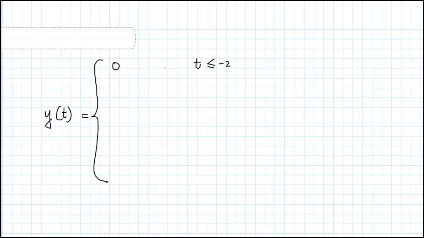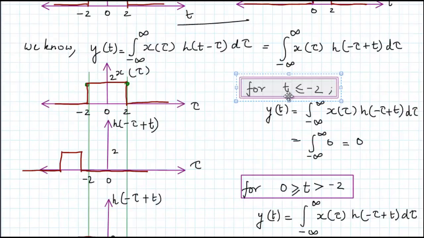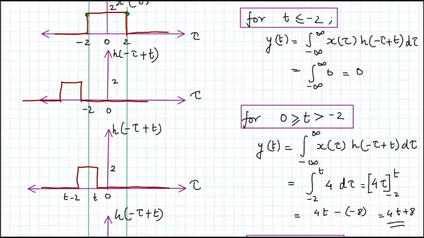Then we will have the second case. Let us look at the second case. So this was the first case. The second case is basically this one. So between this, the value is going to be 4t plus 8.